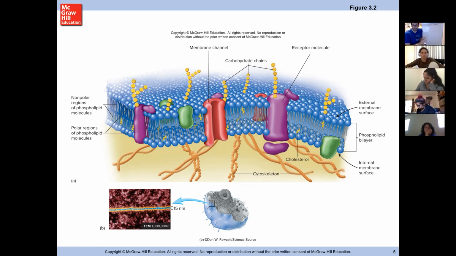So lipids, which are mostly fats made out of hydrocarbons, so a bunch of carbons all linked together with hydrogens stuck to them. This is the major portion of our fat.